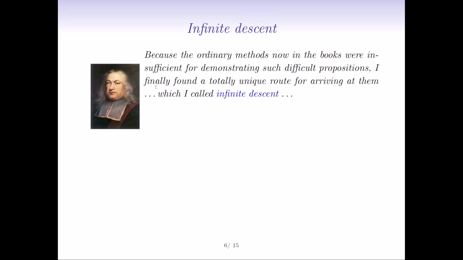So here's an extract from one such letter that he wrote to one of his peers or friends. "Because the ordinary methods now in the books were insufficient for demonstrating such difficult propositions, I finally found a totally unique route for arriving at them, which I called infinite descent." Now, of course, he was French, and this was originally known by its French name, descente infinie.